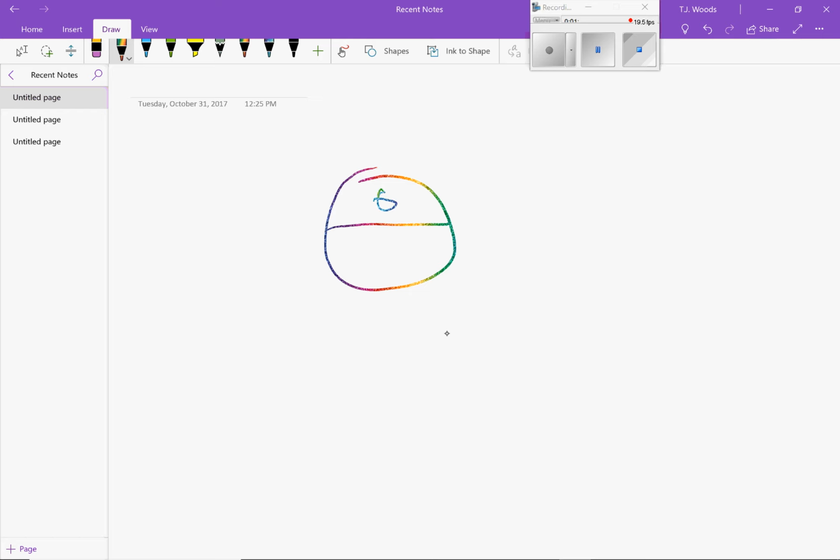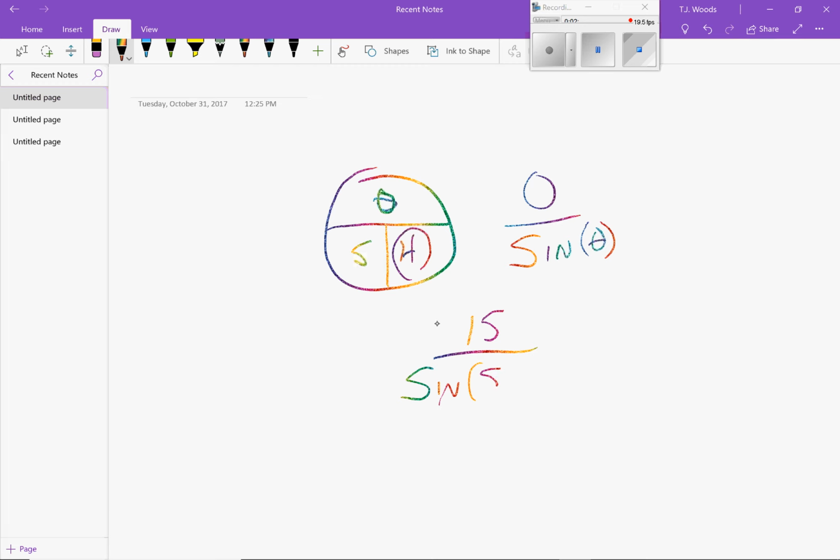O, S, and H. So if I'm looking for the hypotenuse, that's going to be my O divided by the sine of the angle. So that's going to be 15 divided by the sine of 51 degrees.